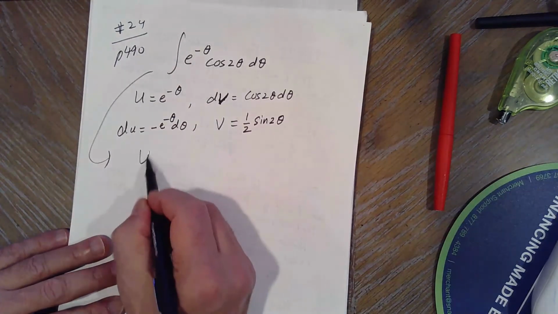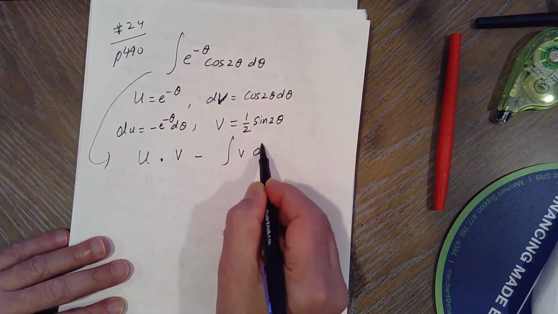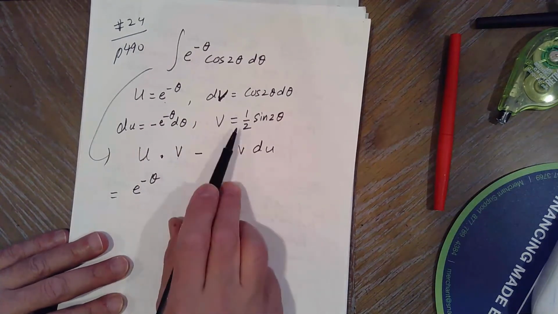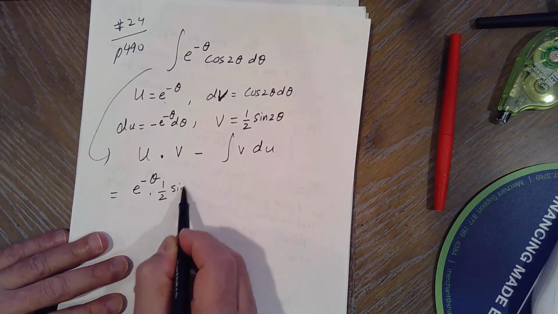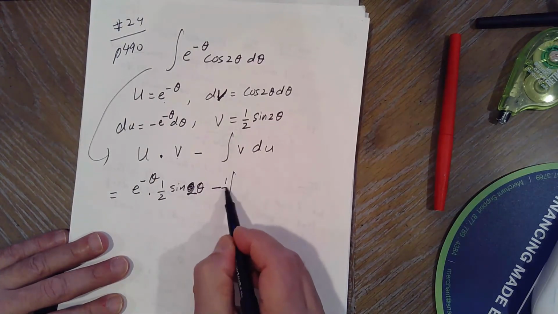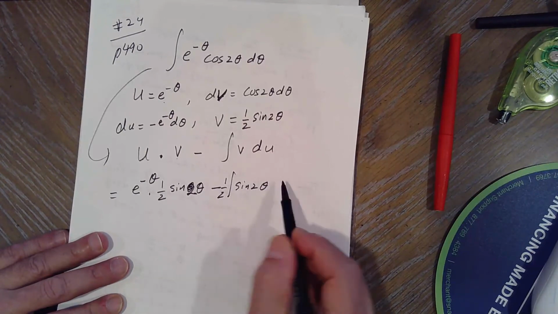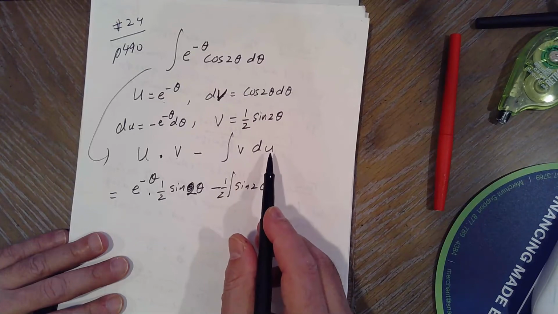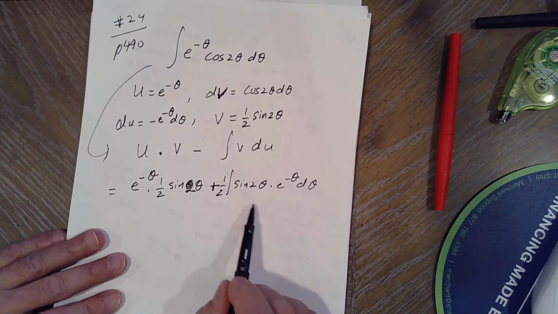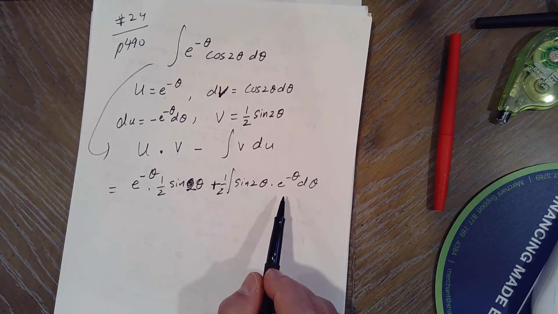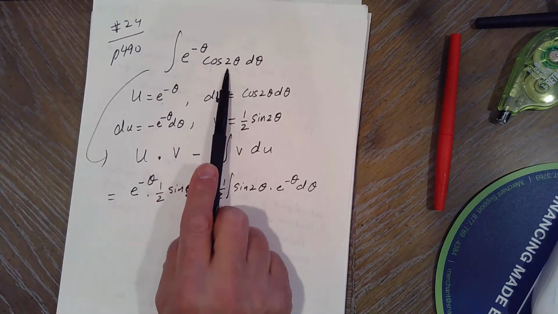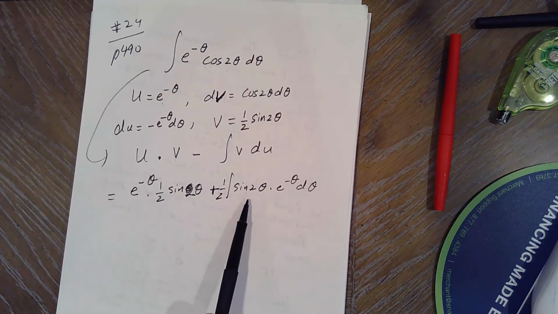So this is u times v minus integral of v du: e to the negative theta, that's what u is, times 1/2 sine 2 theta, minus integral of 1/2 sine 2 theta, and du is negative, so it's a plus e to the negative theta d theta. So it looks like we went from e to the negative theta cosine 2 theta to e to the negative theta sine 2 theta.